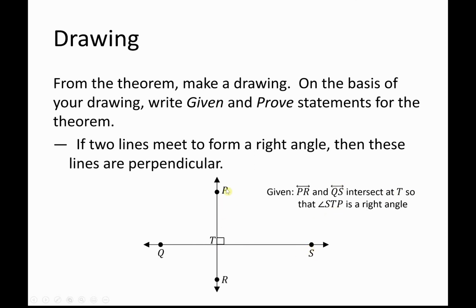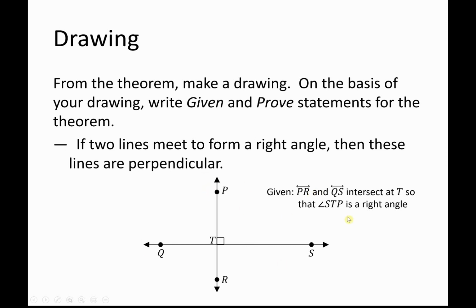I think earlier I called it angle PTS. Not a wrong name for this angle. It's just when I was writing this up, I guess I was thinking about it differently. Angle STP is a right angle. Okay? Great. So that is me imagining the antecedent of this theorem specific to the drawing that I created.